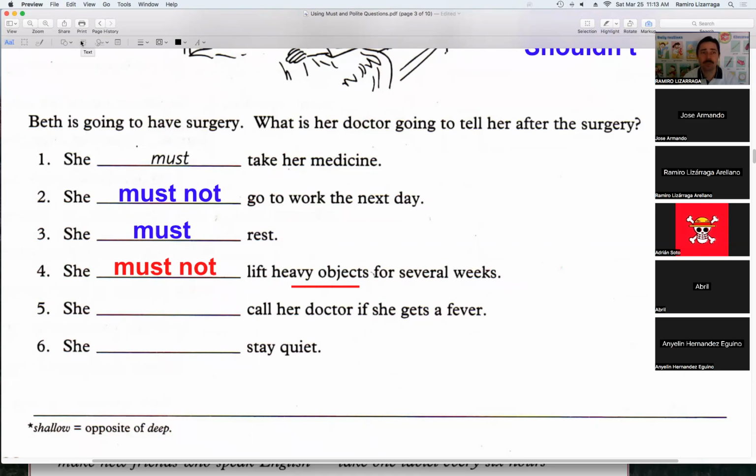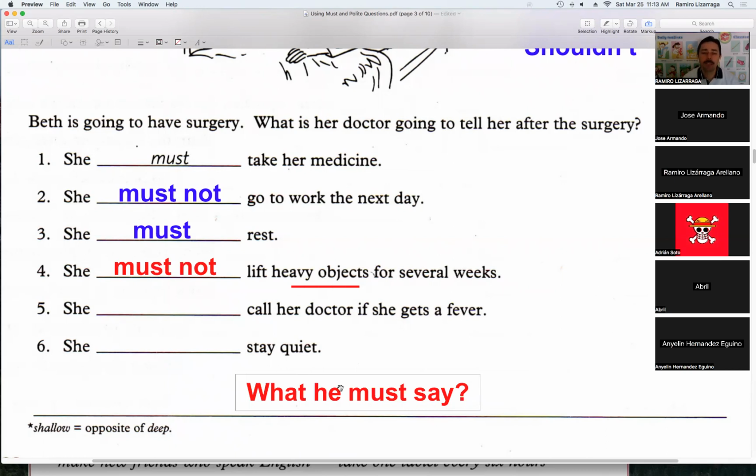What she must do. Y les pongo otra vez como pregunta, miren. No, pero es el doctor. Sería, what he must say. Ahí está.